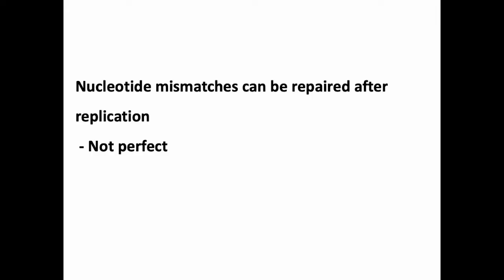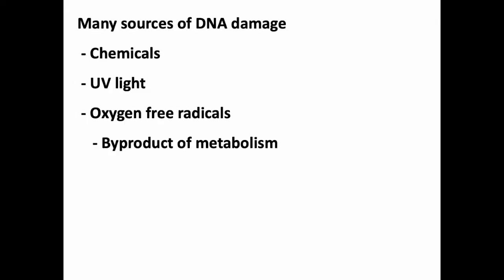So related to this is the idea of damage to DNA. There are a lot of different ways to mess DNA up. Chemicals, and again, this is a very broad category because there are many chemicals out there, but things like asbestos or industrial chemicals like ethidium bromide or any of the chemical components of cigarette smoke.